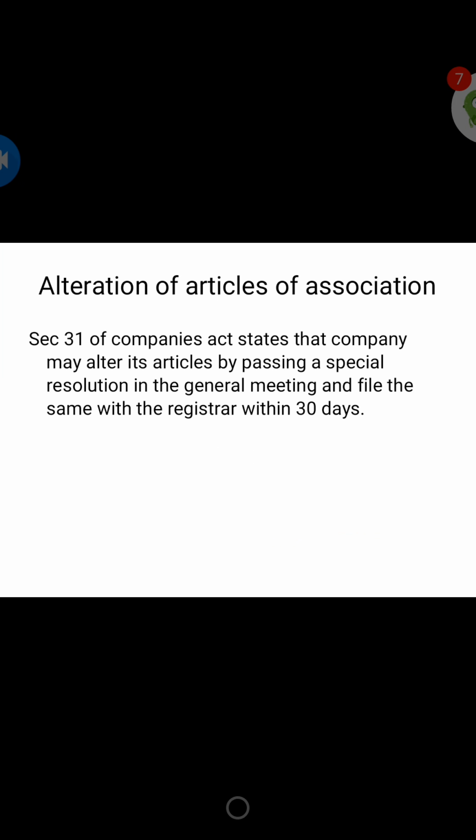that you are going to change. Section 31 of the Companies Act states that the company may alter its articles by passing a special resolution in the general meeting and file the same with the registrar within 30 days. So the process is that the company should conduct the general meeting, pass the special resolution there, and file the resolution copy with the registrar within 30 days.